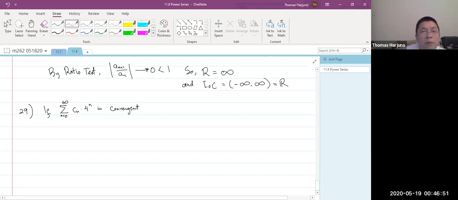Let me say the following. If this is convergent, it means 4 is inside the interval of convergence, right? Does it make sense?